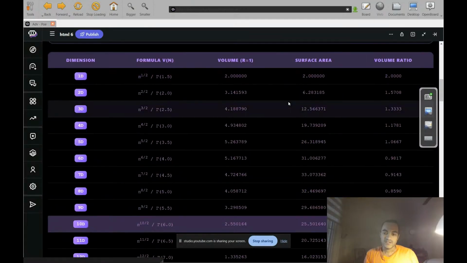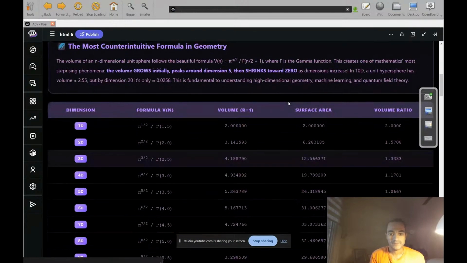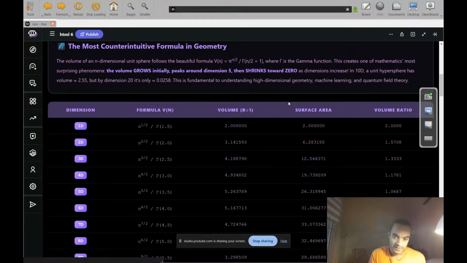As I was saying, not only did we get a nice simulation, but it also gave us a chart, which is very organized, showing the dimensions from one dimension to 20 dimensions, the formula, the volume depending on what R is, R equals 1, and the surface area and volume ratio.